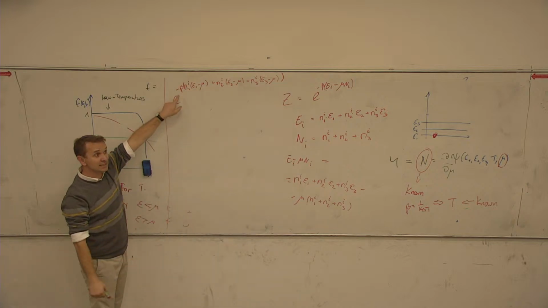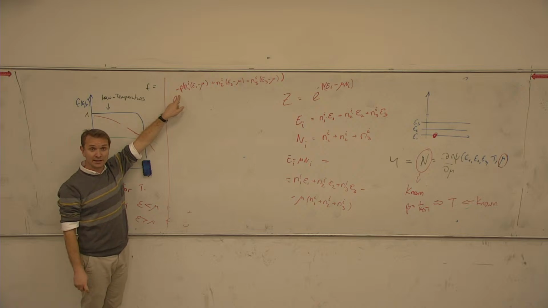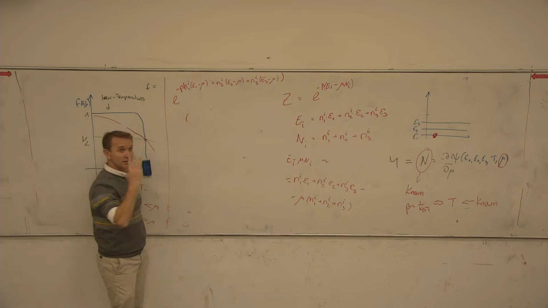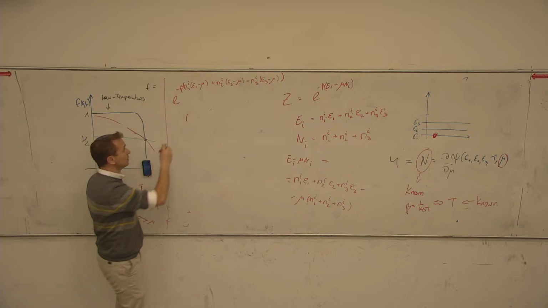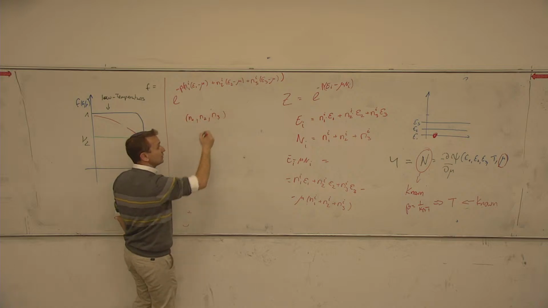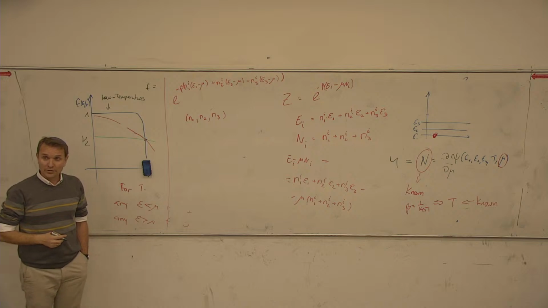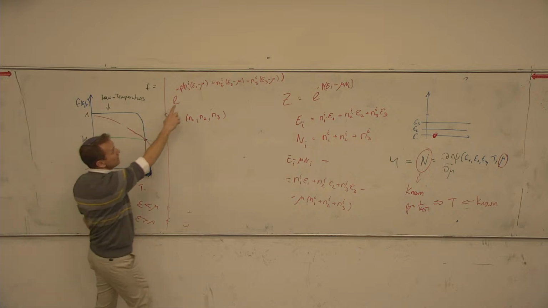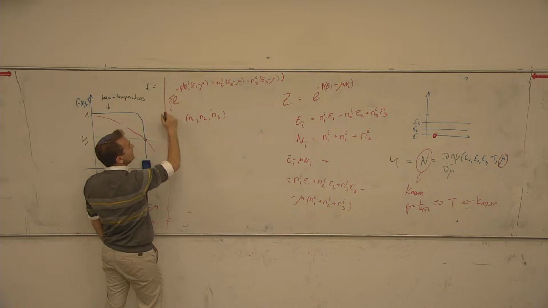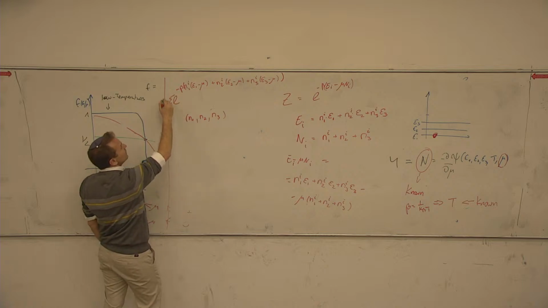And this is a specific state i. What I mean by a specific state i is that each state is defined by three quantities, N1, N2, and N3. And the only thing that I need to perform now when I write it down is this sum over i, and this is Z.